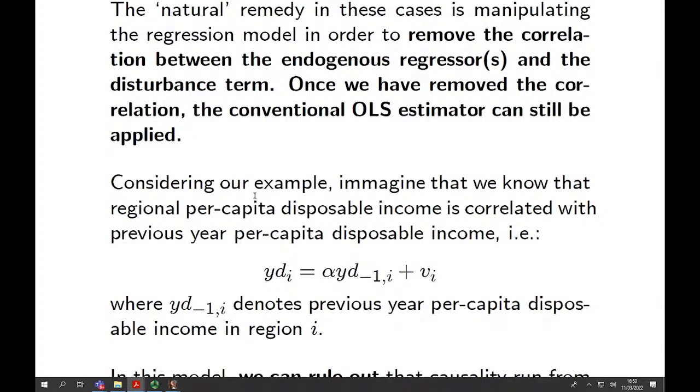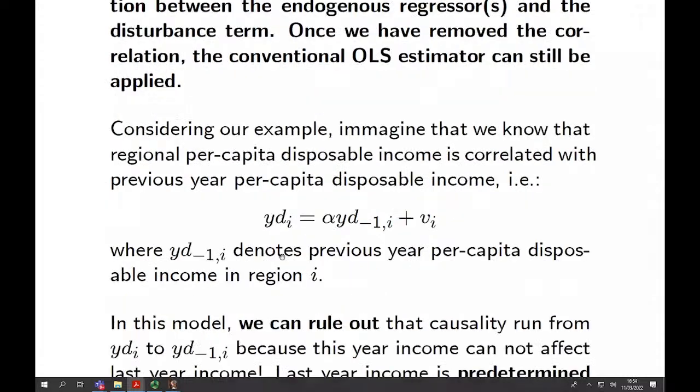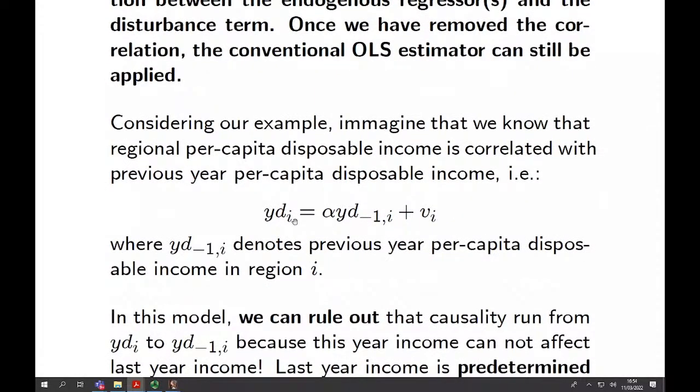This v is an error term, okay? Our data set is a cross-section of consumption and income dated 95. Imagine that disposable income in 95 in region i, region Abruzzo, is related to disposable income of 94 plus an error term, which can be quite reasonable, okay?